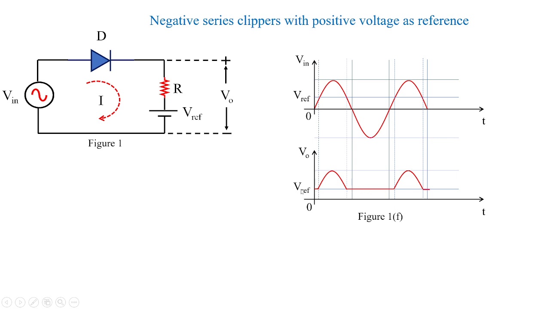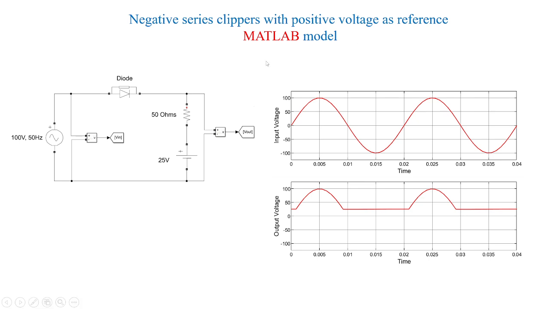This is because of the reference voltage. That is how the reference voltage plays its importance, and the output voltage is getting clipped according to our requirement. So this circuit and the output waveforms are the outputs of the negative clipper circuit with positive voltage as reference. I hope you understand this is what has happened exactly.